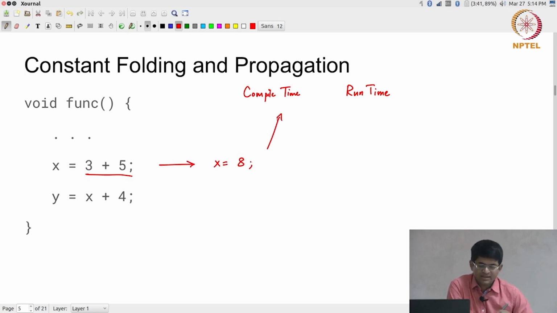So the first question you might ask is, why would I ever write code like this, 3 plus 5? Ideally you shouldn't, but what if 5 was a macro, some kind of a hash define that you did not actually know while writing your code, or at least you wanted to keep it in such a way that it could be modified by someone if required. Let us say that you are trying to put together the size of the frame required for a communication packet. It consists of many components.